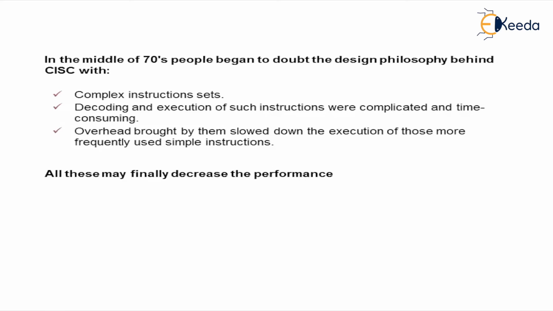When we moved into the middle of the 70s, people began to doubt the design philosophy of CISC because CISC was a little harder to code. It was difficult to use pipeline instructions, where the output of one instruction is the input of the next instruction and so on. It had a very complex instruction set. Decoding was taking a very long time, and execution of such instructions was complicated and time consuming.